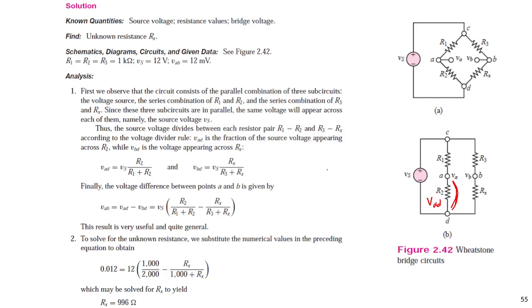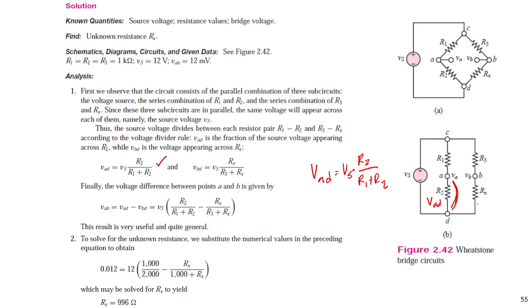VAD would be Vs multiplied by R2, divided by R1 plus R2. We learned about this voltage divider last time, last week. Do you remember? I think you remember.